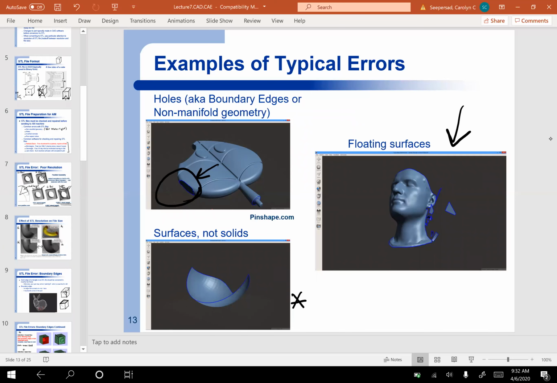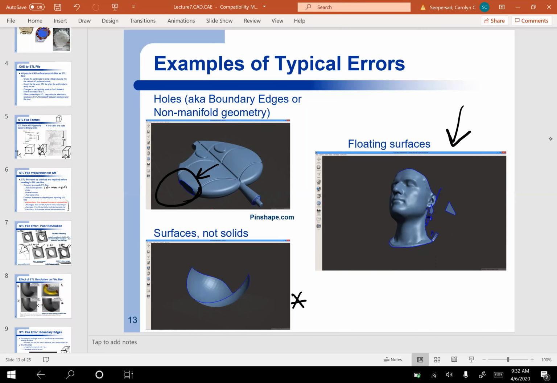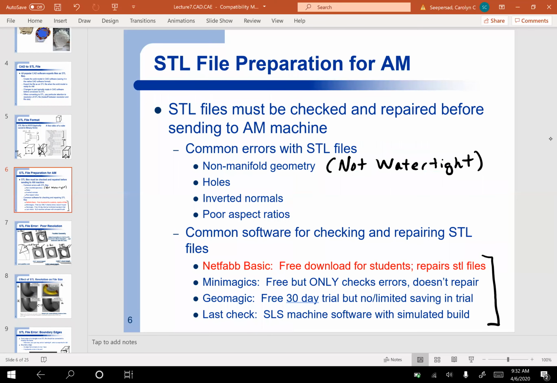Okay, so let me go back real quick and draw your attention back to the software that we talked about. When you generate an STL file, especially if it's a really complicated geometry, like if it has lattice structures, really complex form-fitting features, or if you've scanned something to use as input to your file, if you've got lots of internal cavities or holes, all sorts of things like that, the likelihood that you might have an error in your STL file goes up.